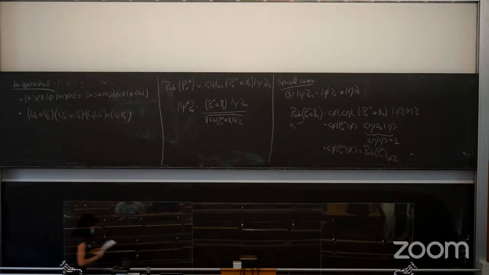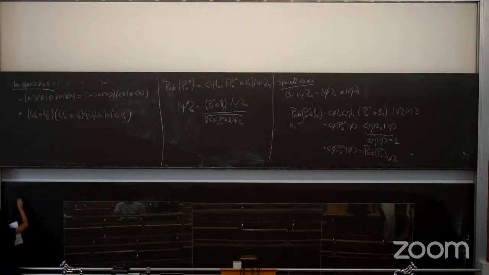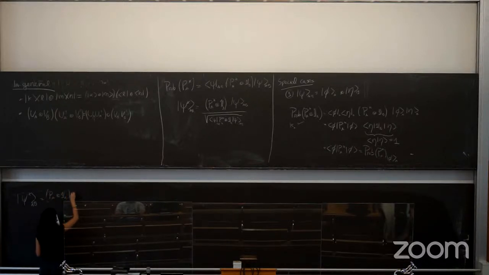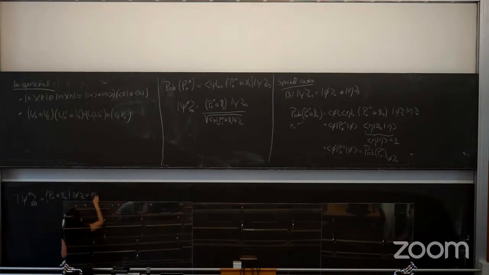What's the post-measurement state? If we get outcome K, the post-measurement state on AB is given by the formula. What was my state? Phi on A, so eta on B. This whole thing divided by the square root of the probability.